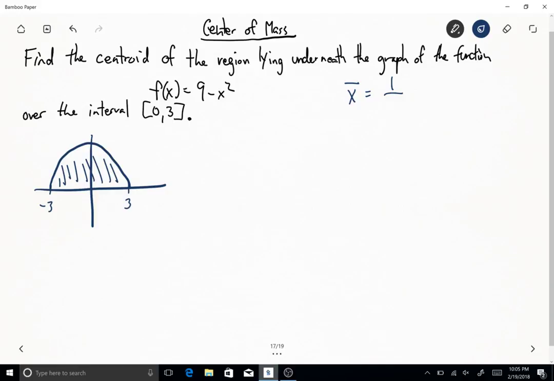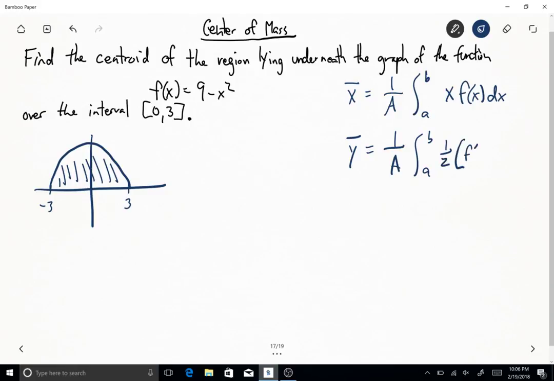Well, that's 1 over A. You could do it with the moments and stuff like that, but it's 1 over A times the integral from a to b of x times f of x dx. And in a similar manner, the y bar for the center of mass is 1 over A, where A is the area that we just shaded in, times the integral from a to b of 1/2 times f of x, the quantity squared, dx. Okay, so those are your formulas for your centroid.